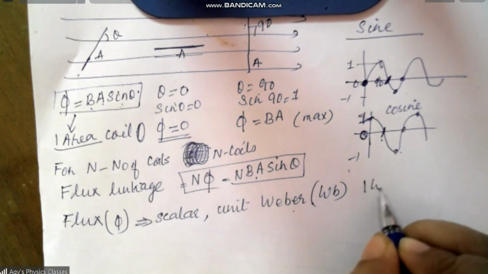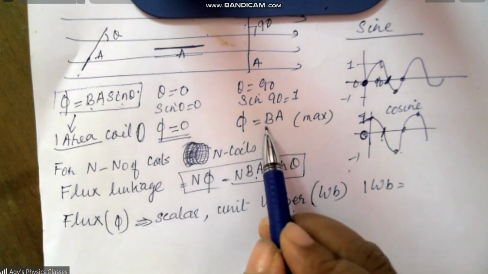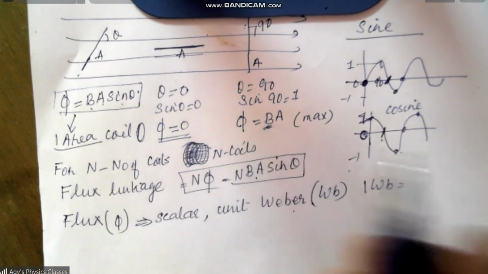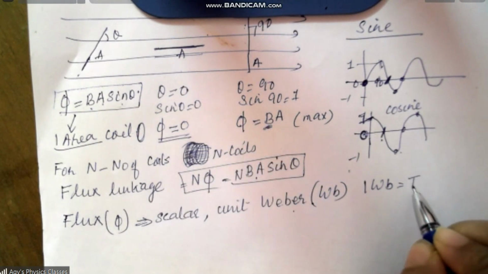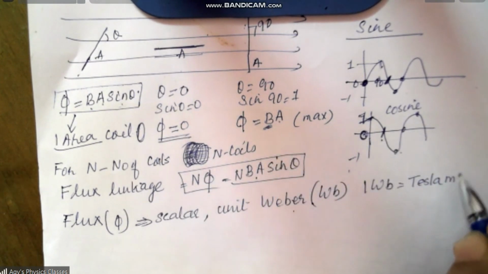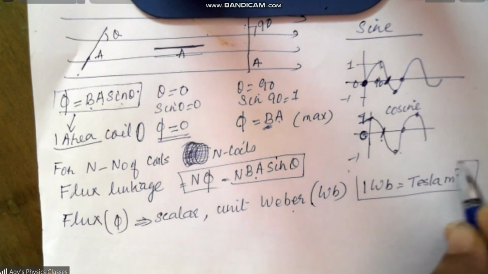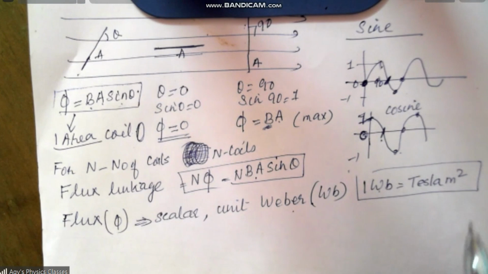And 1 Weber is equal to what? What is the unit of magnetic field strength? Tesla. And A is meter square. So 1 Tesla meter square is equal to 1 Weber.